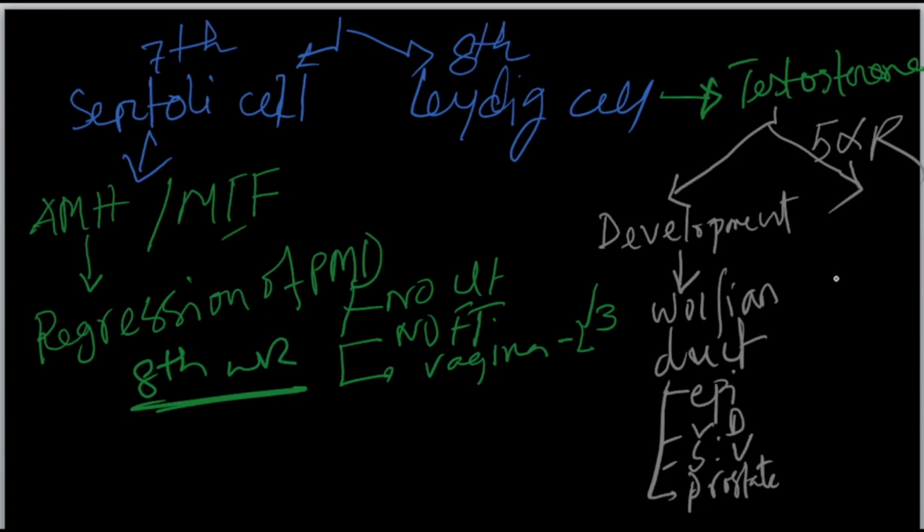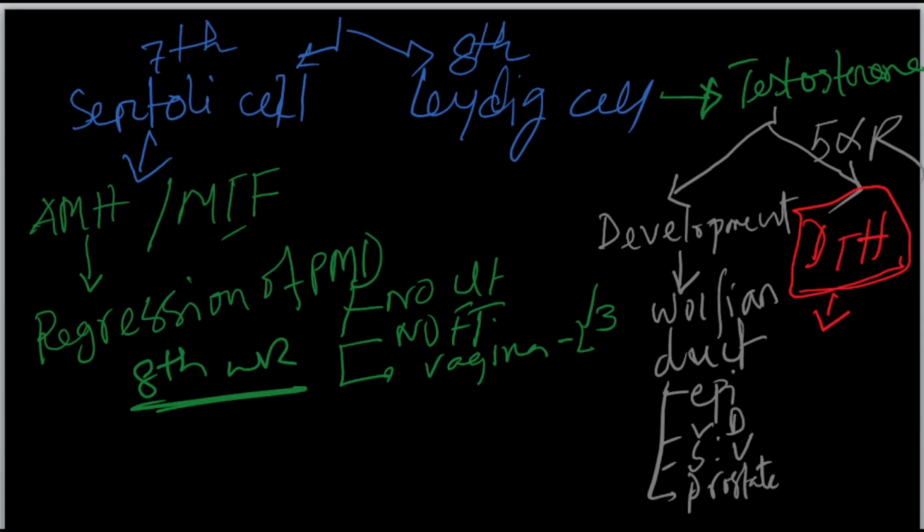Testosterone, under the influence of the 5-alpha reductase enzyme, gives rise to formation of dihydrotestosterone. This is the active form of testosterone, and depending on its presence or absence, there is formation of external genitalia in male and female.